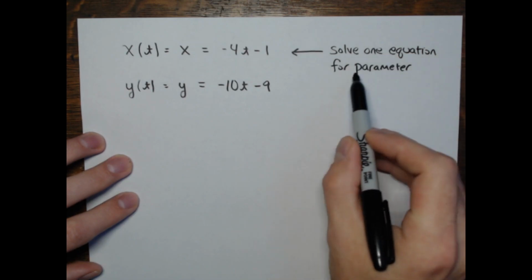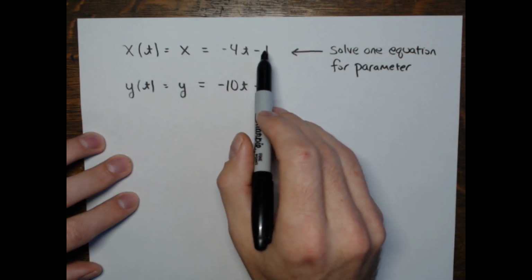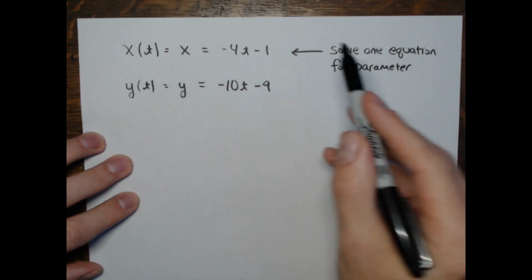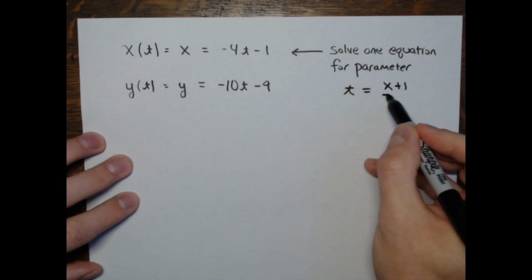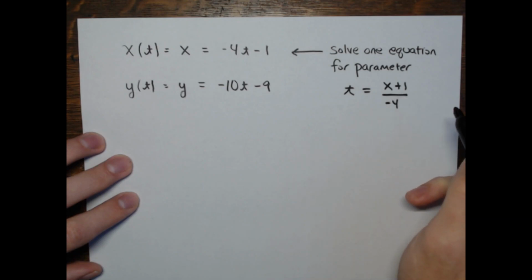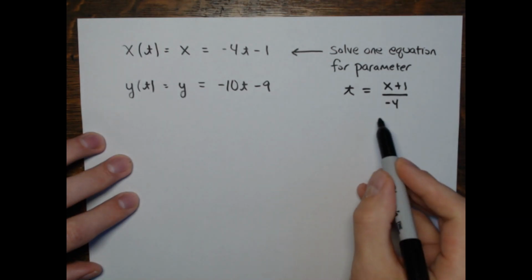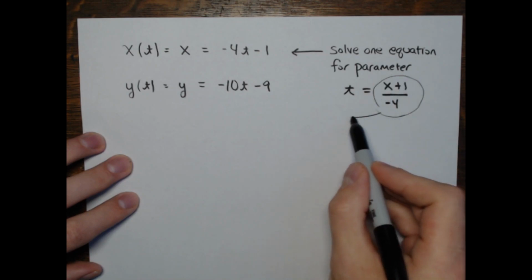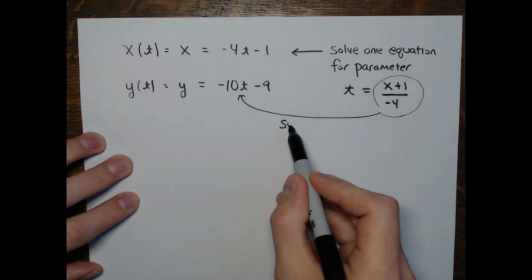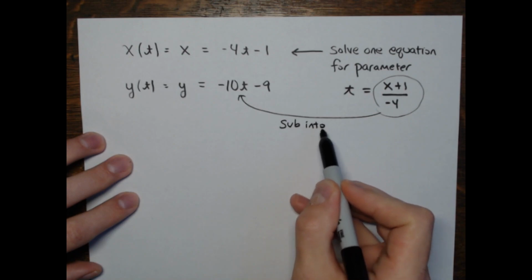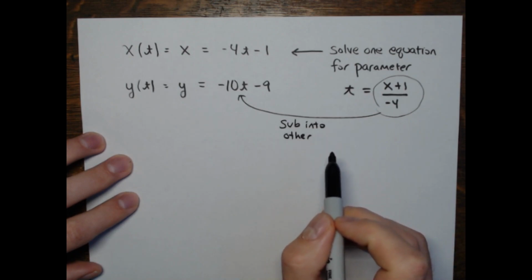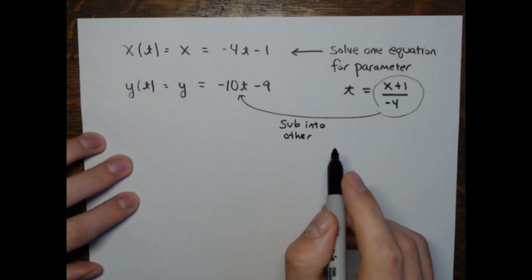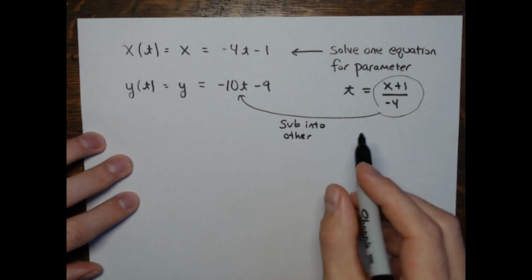If I solve the first equation for the parameter, t equals x plus 1, divided by -4. Then you substitute into the other equation, and there you go. Then you'll have an equation where the parameter is eliminated. There's no more t. You just have a Cartesian or rectangular equation with just x and y.